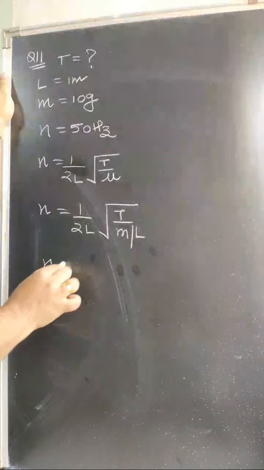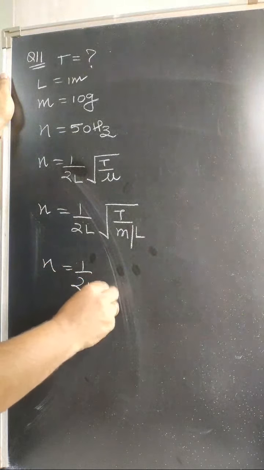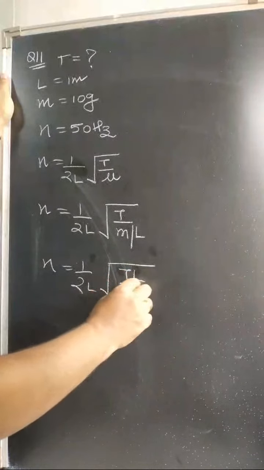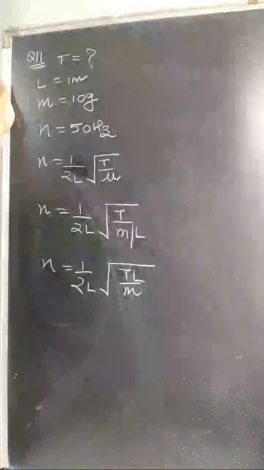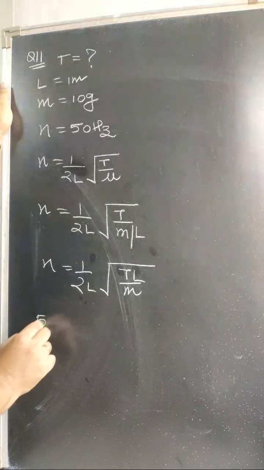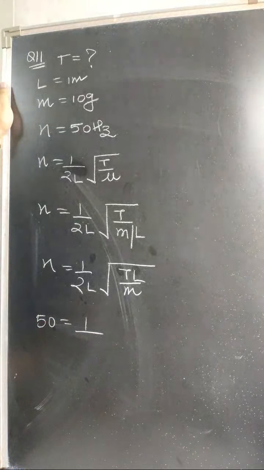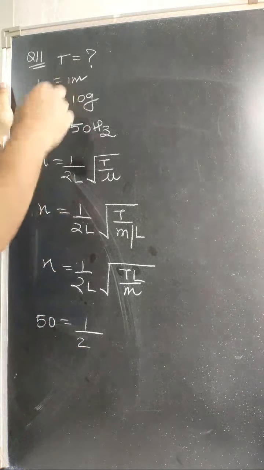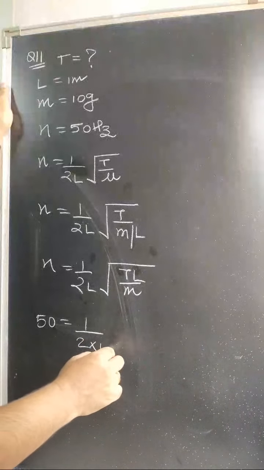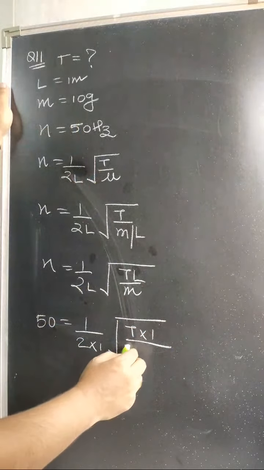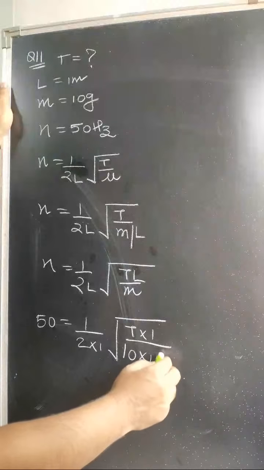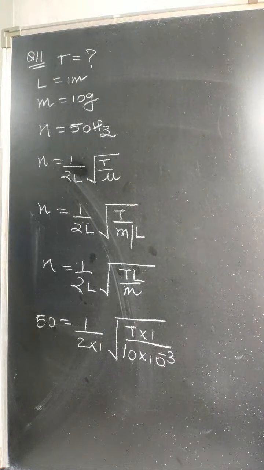So now on rearranging, you can say 1 upon 2L under the root of TL by M. Now students, substitute the values correctly. So 50 is equal to 1 upon 2, and length is 1 meter. Root of tension we don't know, length is 1 meter and mass is 10 into 10 raised to minus 3 kilogram.